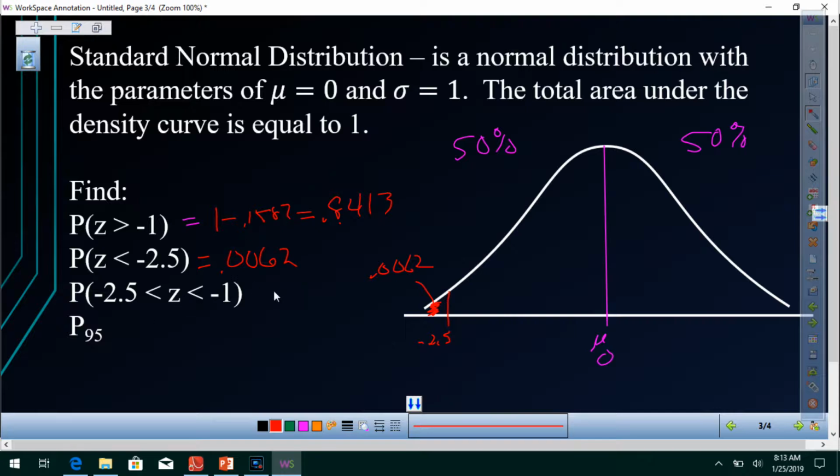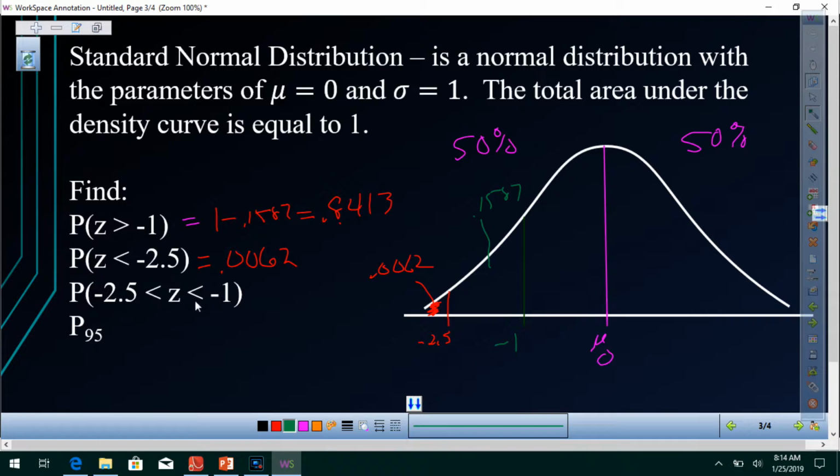Now, what I haven't shown you yet is the calculator, and I'm going to redo all of these after I do these three here. We already know this next one, negative 1. We found it a little bit ago, and it said this entire area here was 0.1587.